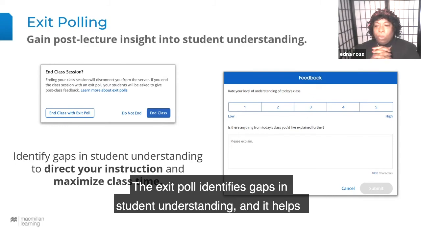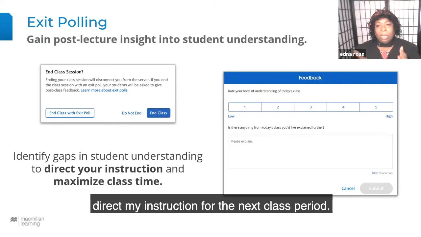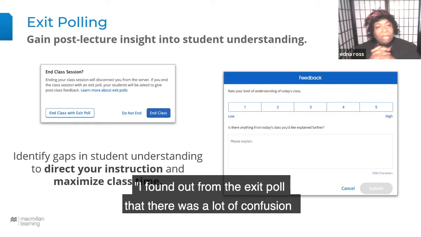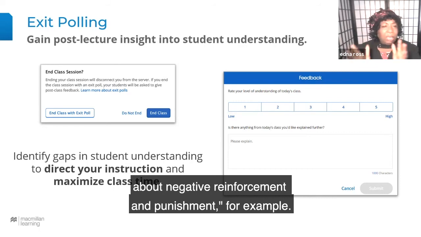The exit poll identifies gaps in student understanding, and it helps direct my instruction for the next class period. Actually, it becomes a just-in-time teaching technique where I can say, I found out from the exit poll that there was a lot of confusion about negative reinforcement and punishment, for example.